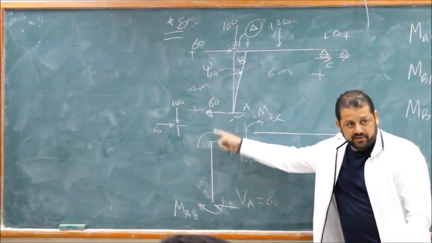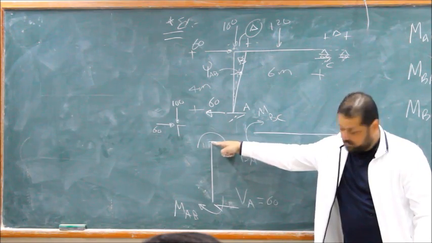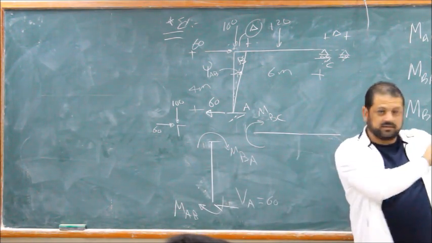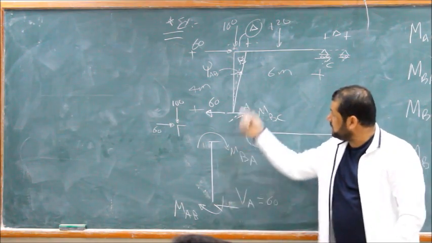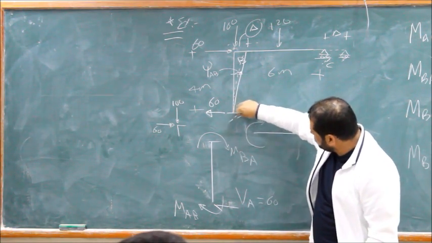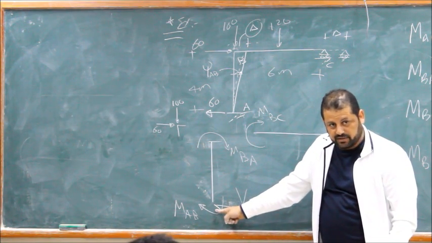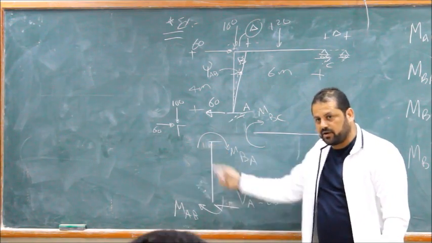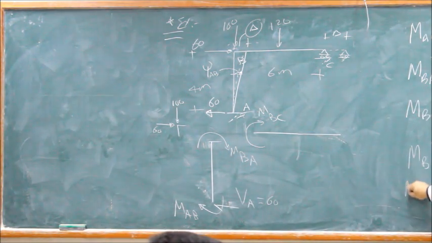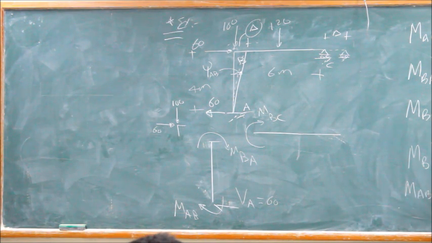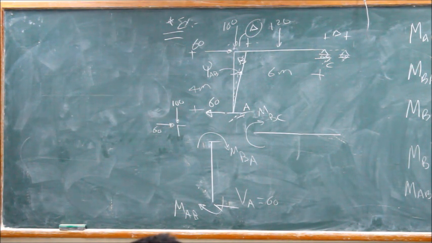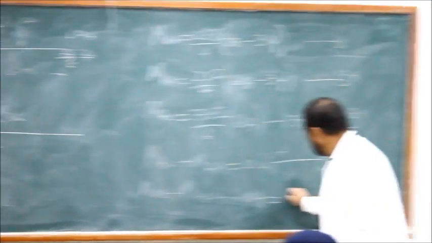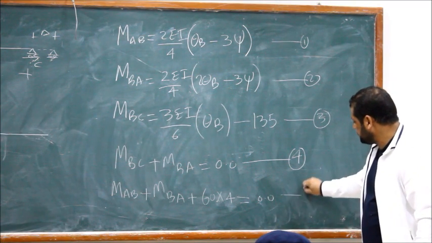Some of them are shear here and the axial force. Some of them will equal 0. This is clockwise in the signs. Shear here is to the left, so the reaction is also to the left. This reaction or shear plus this times 4 equals 0. That's your fifth equation: MAB plus MBA plus 60 times 4 equals 0.